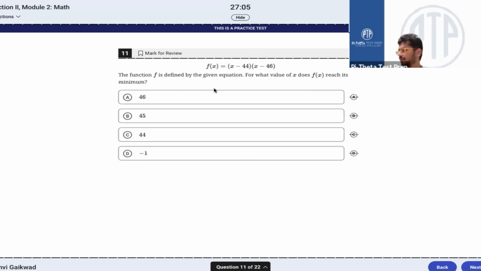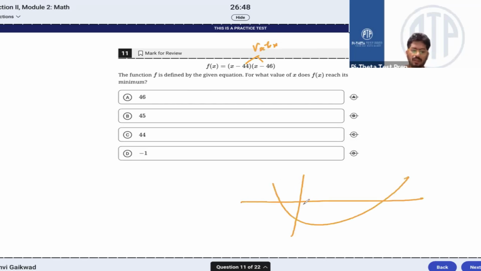They're telling you the function f is defined by the given equation. For what value of x does f of x reach its minimum? So basically this is nothing but your vertex. How the vertex is found: if I go to the parabola here, let me just draw something like this.